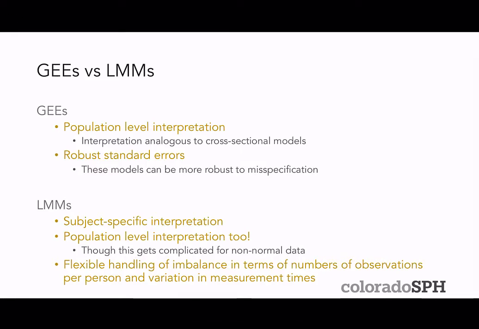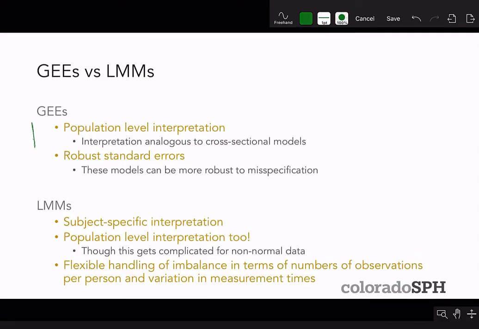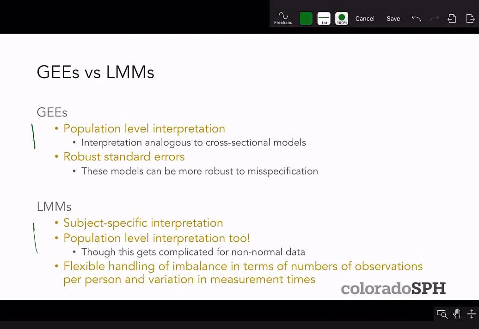But it's really good to have both models at your disposal because they have different strengths and weaknesses, which I'll get into more later. But GEEs have a population level interpretation only. They allow you to interpret your questions and your data in a way that's analogous to cross-sectional models, but it takes into account the correlated data structure in longitudinal data.